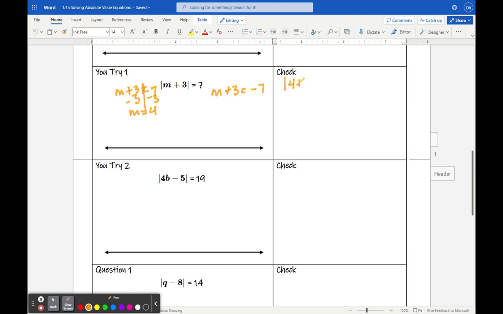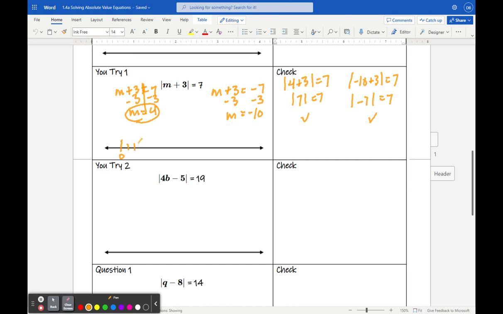The absolute value of 4 plus 3 equals 7. 4 plus 3 is 7. The absolute value of 7 is 7, so that does work. Subtract my 3. M equals a negative 10. The absolute value of negative 10 plus 3 equals 7. Negative 10 plus 3 would be a negative 7, so the absolute value of negative 7 is 7, so that works also.